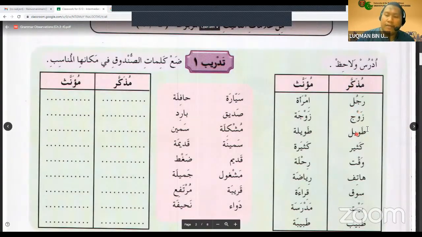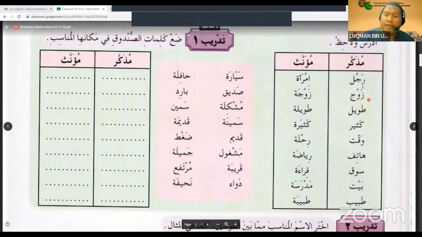So mudhakkar, let's read. Ikra'u ba'di. Rajul, rajulun, man. Zawj, zawjun, husband, or spouse. Tawil, tawilon, tall, tall man. Kathir, kathiron, plenty.